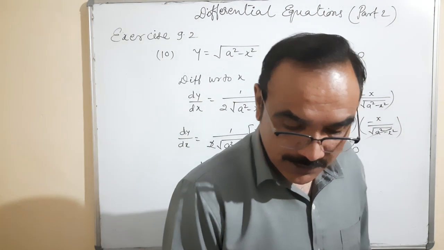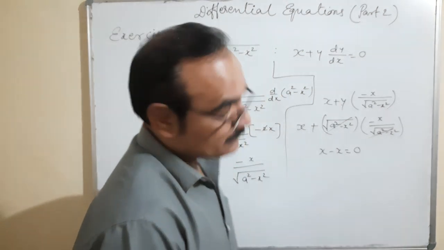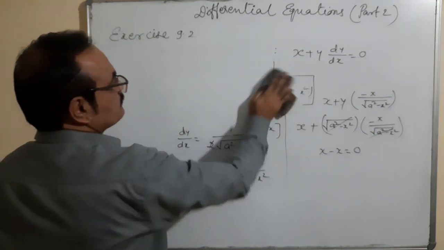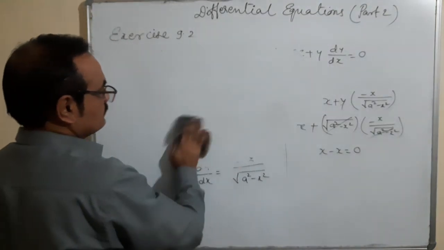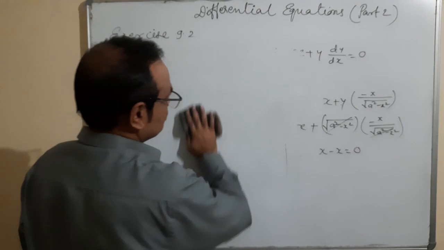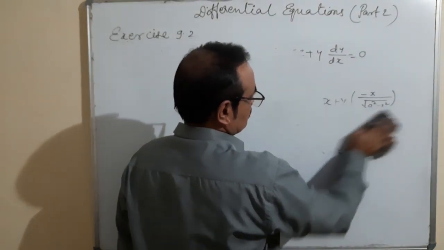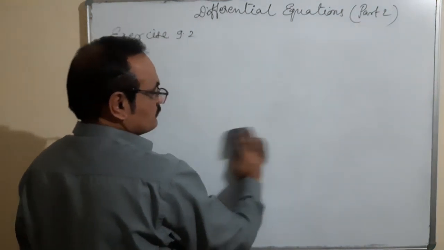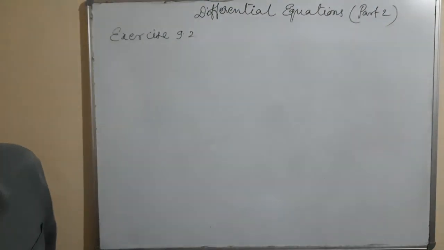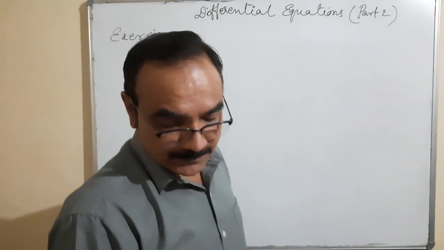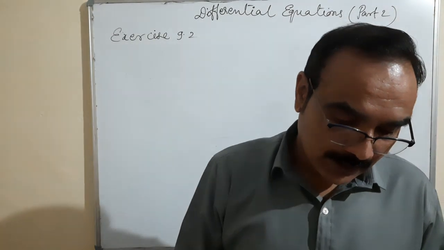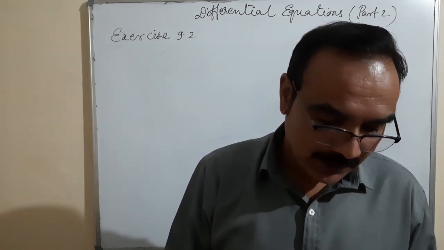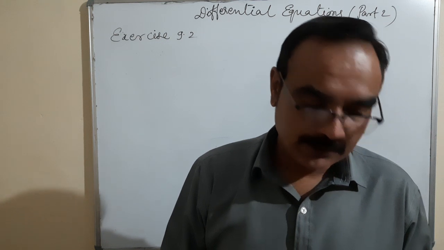Now the remaining two questions. One is question number 11: the number of arbitrary constants in the general solution of a differential equation of fourth order.